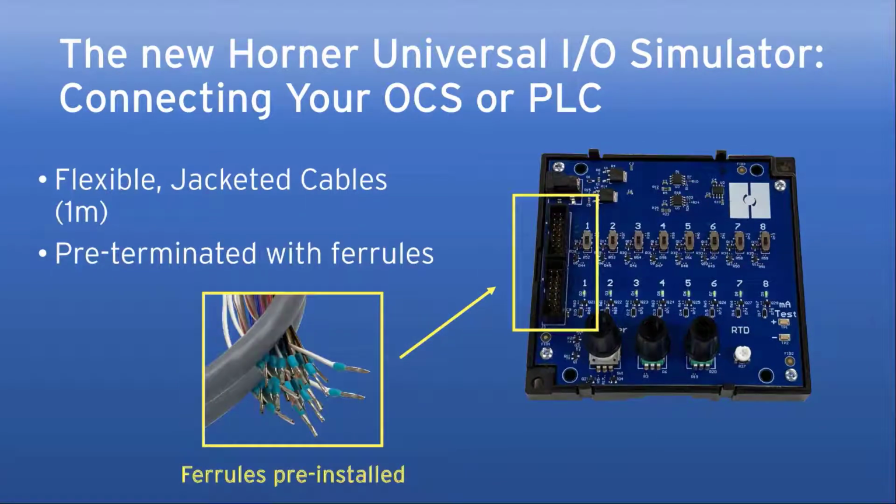And to make the connections quick, all the ends of all the cables, in addition to being color-coded, so it's easy to tell which signal is which, are terminated with ferrules, which means no stripping of wires, keeps things really straightforward, really easy.